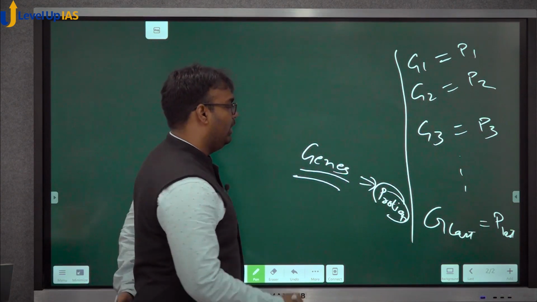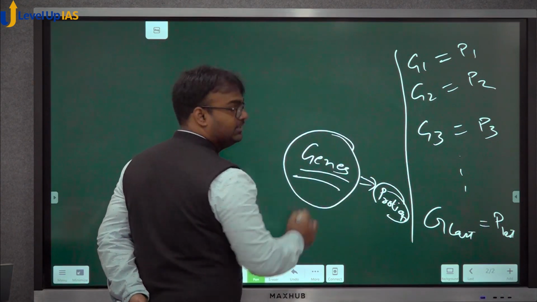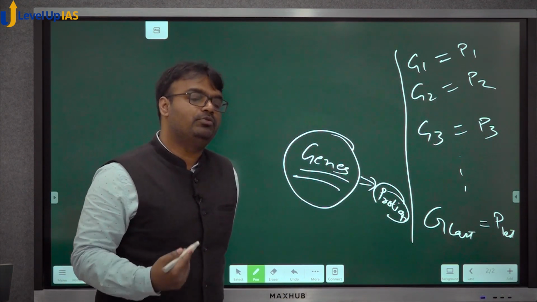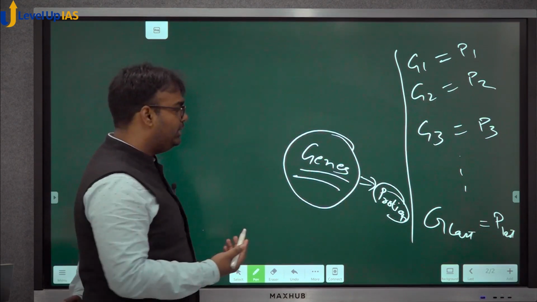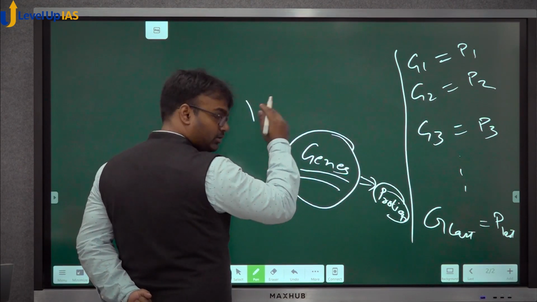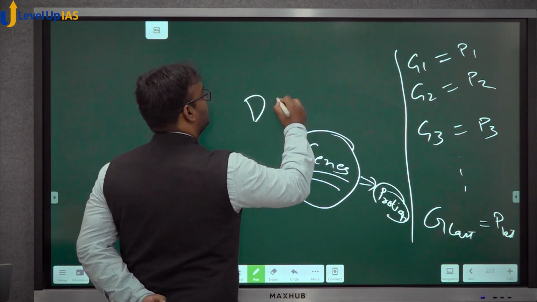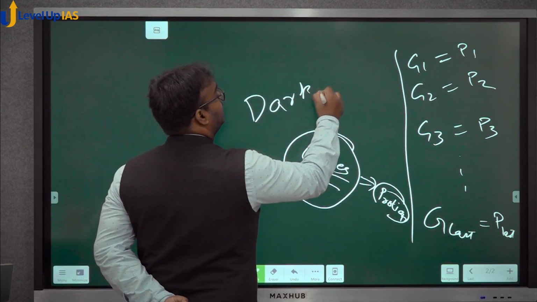But we have not identified these genes yet. That is, our gene mapping technology is not good enough. So these genes or set of genes are called dark DNA.